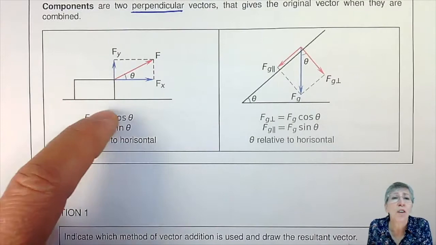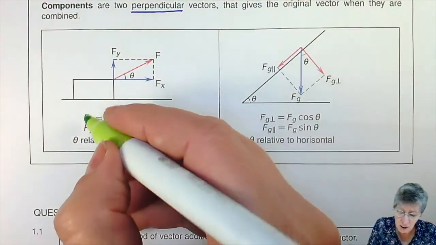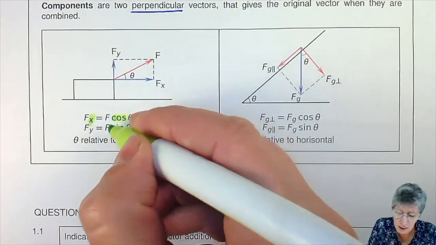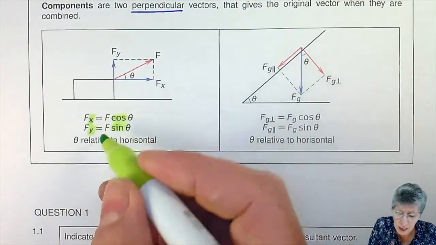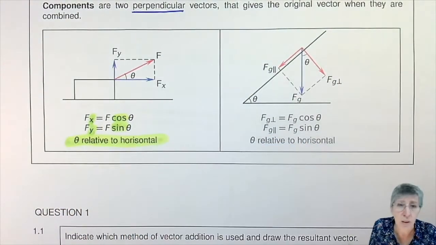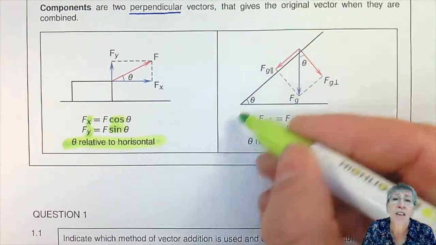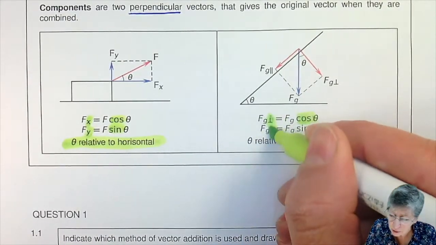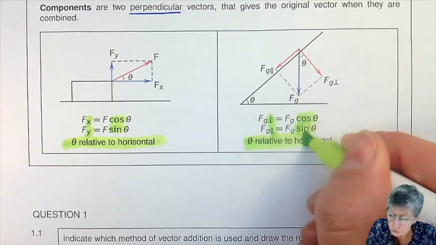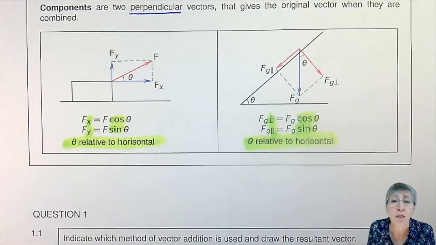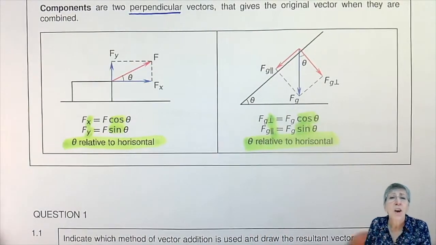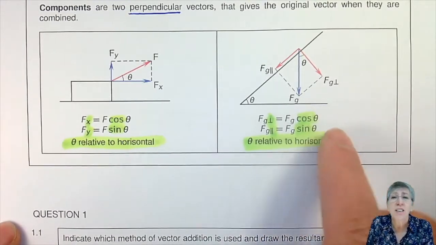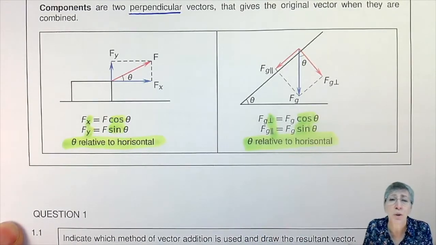If you're on a horizontal plane, the x component is always cos and the y component is always sine if you've got the angle relative to the horizontal. And on the inclined plane, the perpendicular one will always be cos and the parallel one will be sine if you've got the angle with the horizontal. So then you don't have to rethink the sine and cos every time you do this.